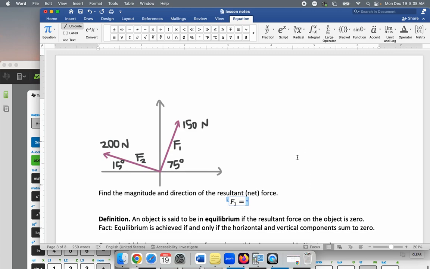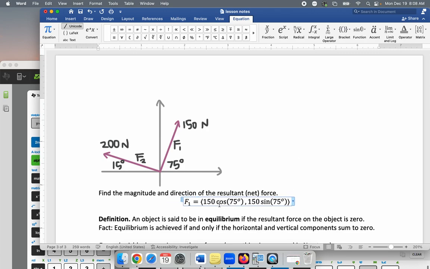So F1 is going to be, what is the horizontal component going to be? It's going to be the magnitude, which is 150, times the cosine of its angle, which is 75 degrees. The vertical component is 150 sine 75 degrees.